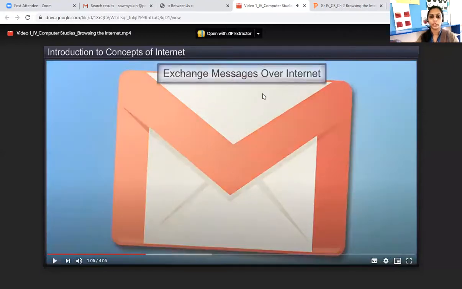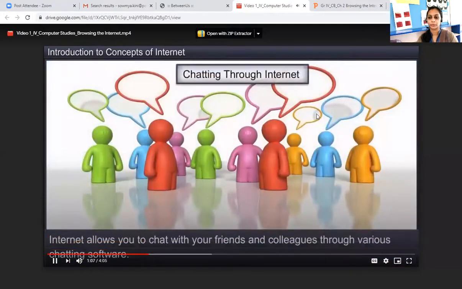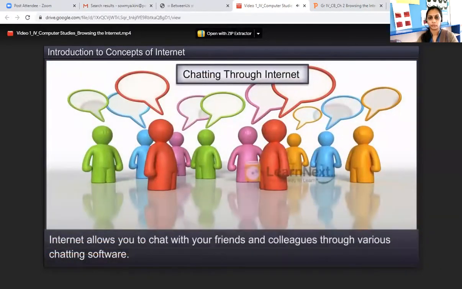You can notice here, as we discussed, the definition of internet is explained to you. Also, the uses of internet are explained here one by one with pictures as well as information. Internet allows you to chat with your friends and colleagues through various chatting softwares.